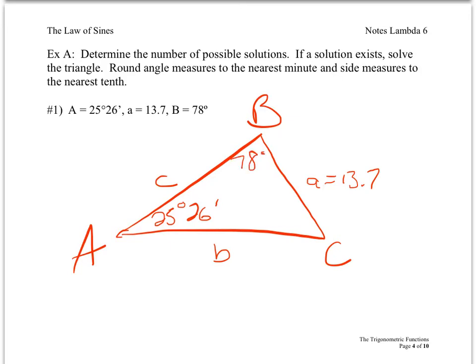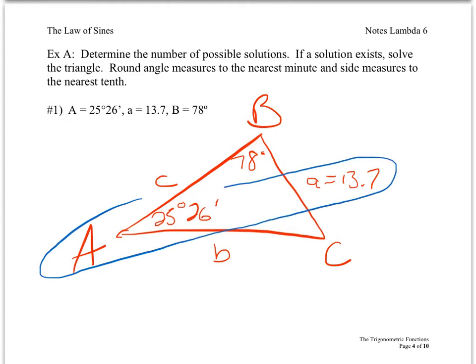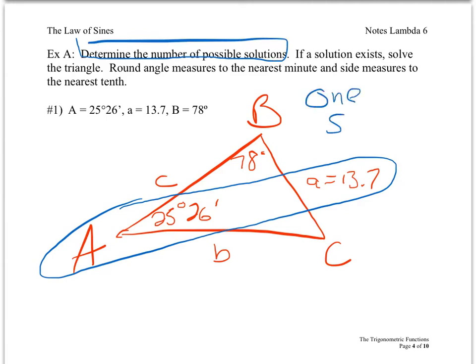So we are given in this situation angle, angle, side. We know we can use law of sines because, an easier way to remember it in my opinion, we're given a side and the angle opposite that side. Anytime you're given angle, angle, side, the number of possible solutions is 1. So this has 1 solution.